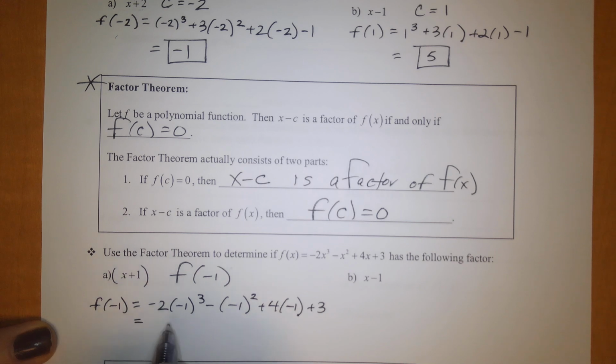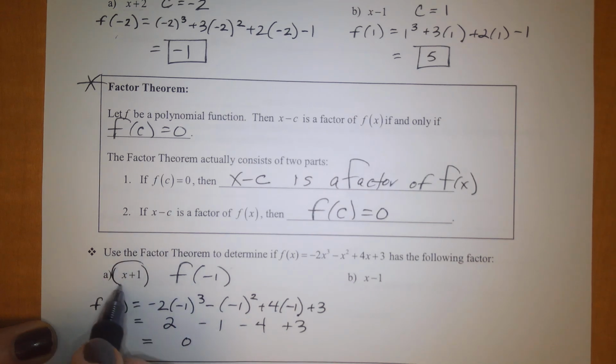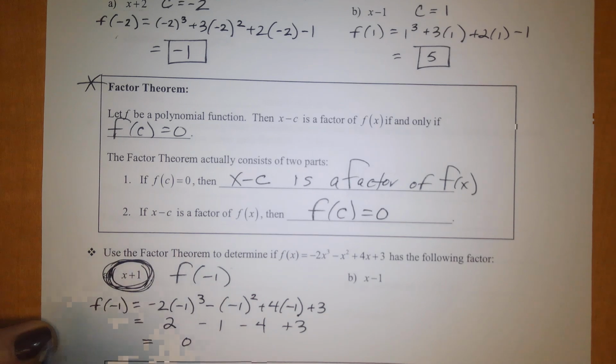This becomes negative 2 times negative 1, which is positive 2, minus a positive 1, minus 4 plus 3, which equals 0. So the answer, is this a factor of the original polynomial? The answer would be yes, because the remainder is 0.